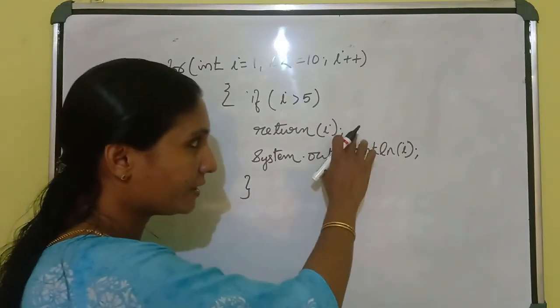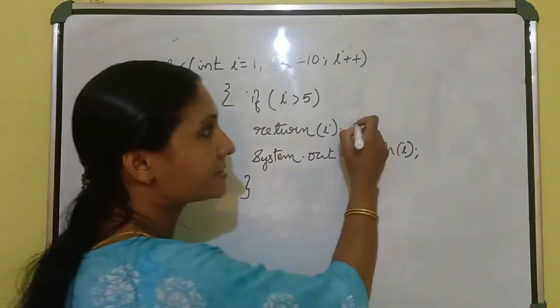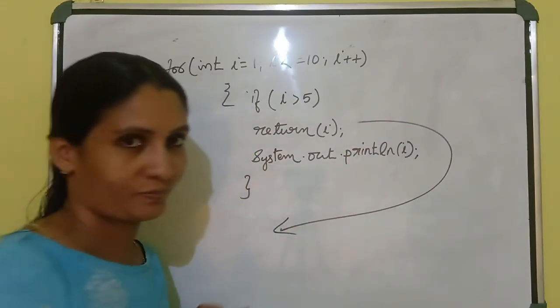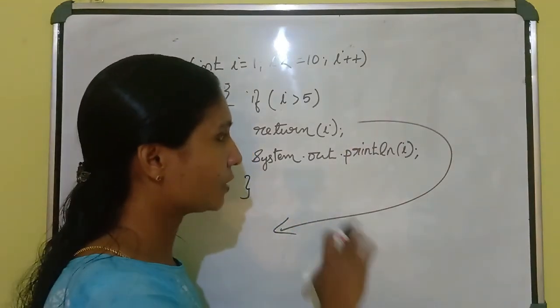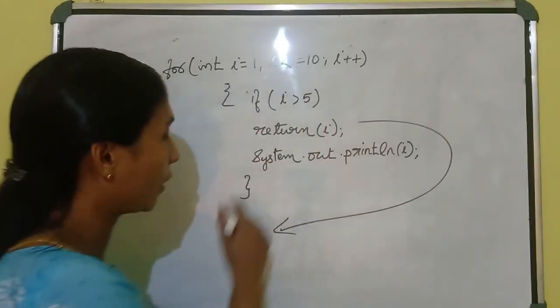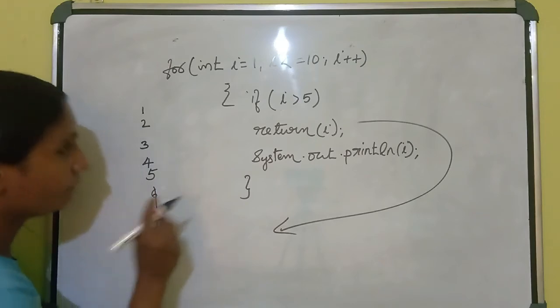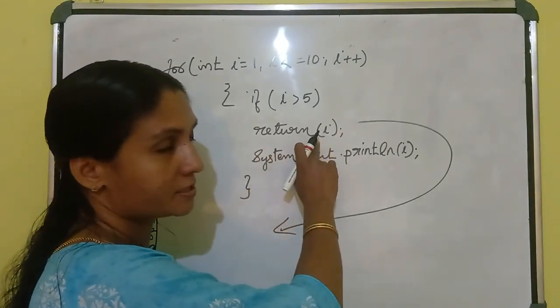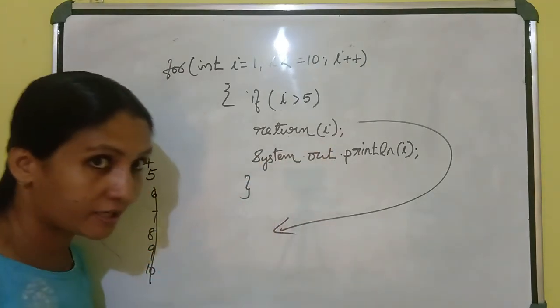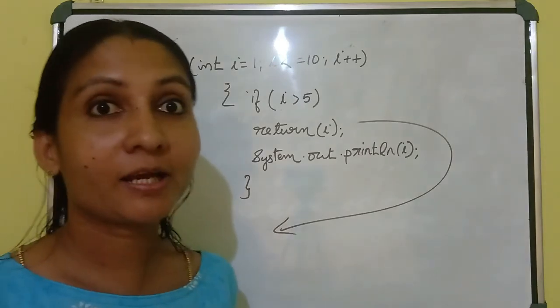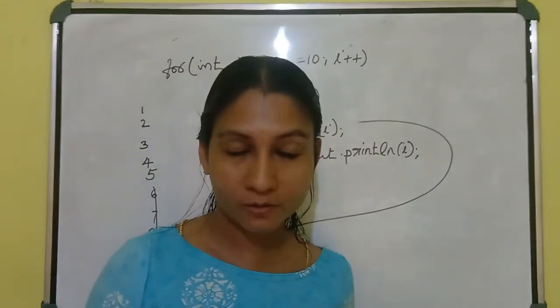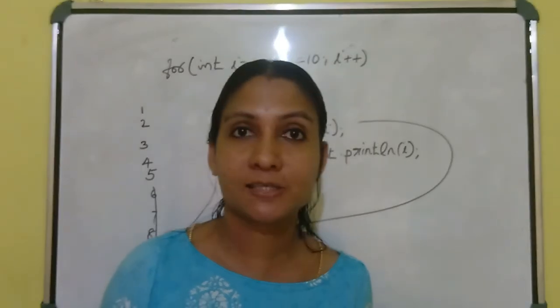After this statement, it will exit the loop. It will not execute any other statements or any other values of the loop, because after the return statement, no other statements will be executed.